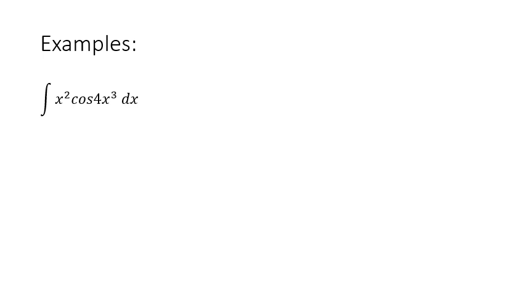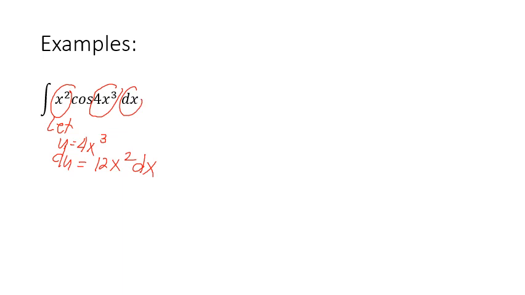As I can see, I can let my u be 4x cubed. If I let my u be 4x cubed and derive it, I will get du equal to 12x squared dx, and I have x squared dx.